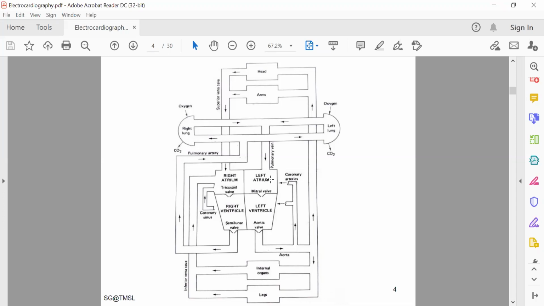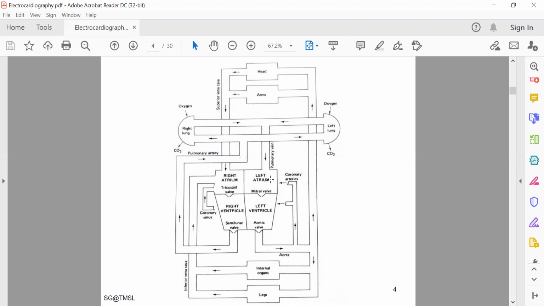At any given time, about 75 to 80% of the blood volume is in the veins, about 20% in the arteries, and the remaining portion in the capillaries. Systolic blood pressure in the normal adult is in the range of 95 to 140 mmHg, with 120 mmHg being average.